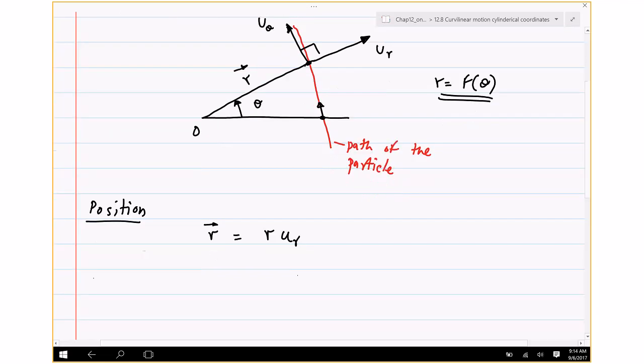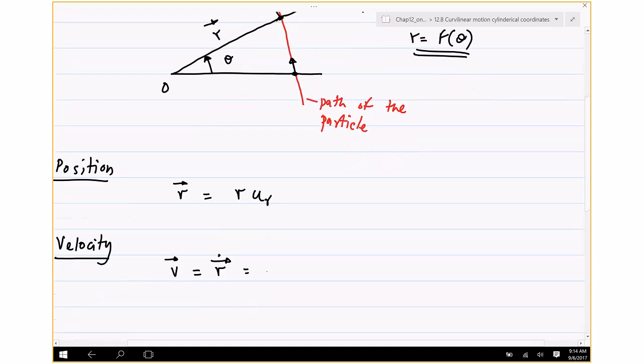To find the velocity, all I need to do is differentiate r with respect to time, dr/dt. When you take the derivative of r u_r, you've got to use the chain rule, right? r dot times u_r plus r, which is constant here, times u_r dot. I will not go through the derivation, but there is a derivation in the book.